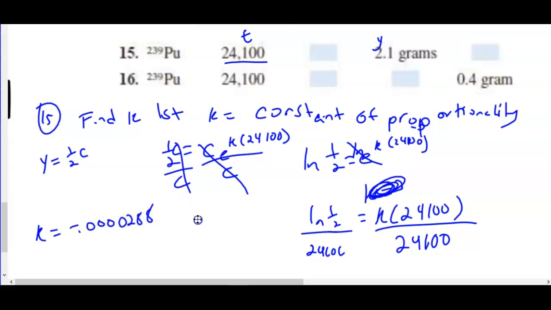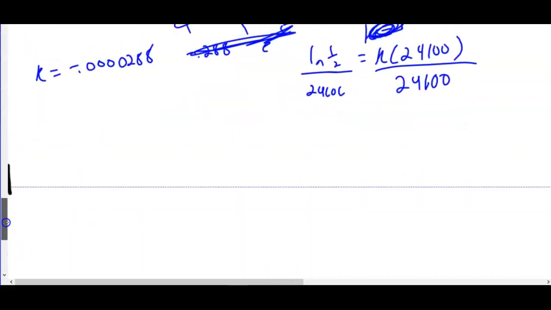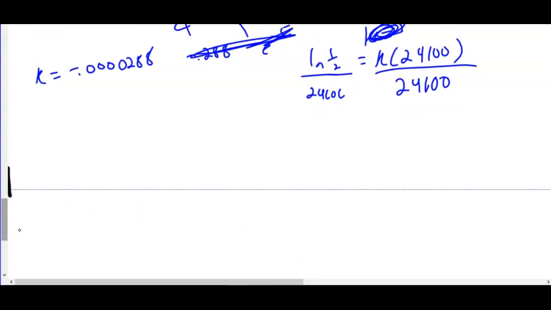I know when you're on your calculator, it says negative 0.288 and some numbers e to the negative 5. Well, if you move that decimal 1, 2, 3, 4, 5, that's what you'll have right there. So I know what k is now. That's my constant of proportionality.